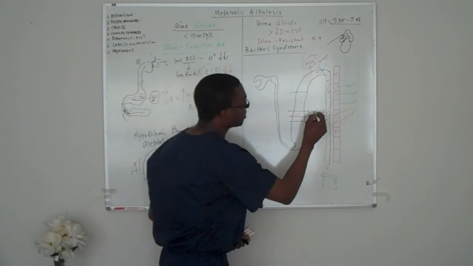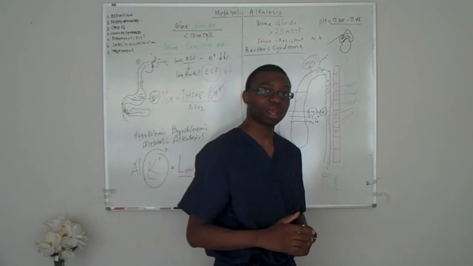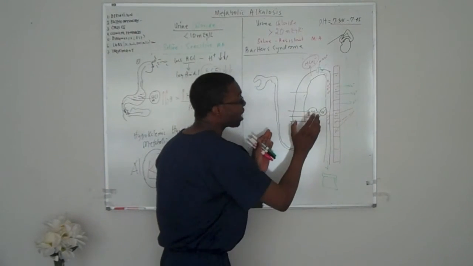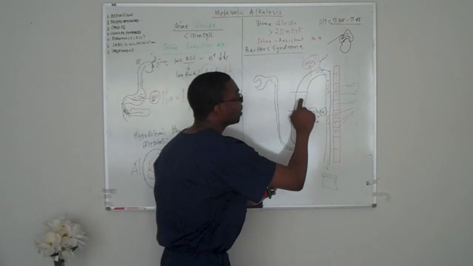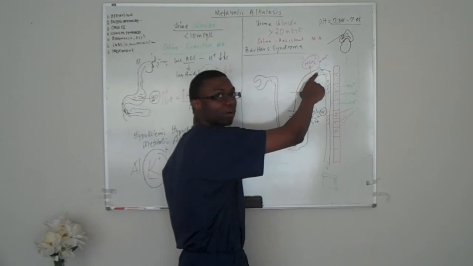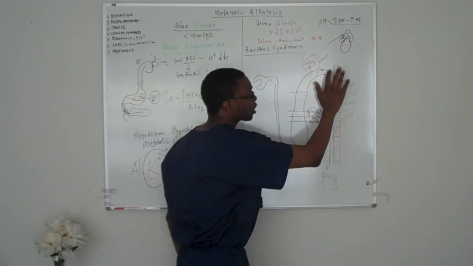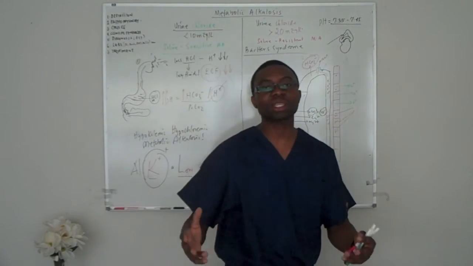So if you can't reabsorb this sodium and this chloride, we've got an issue, right? Don't you think? So they start to lose a lot of what? Sodium and chloride. That means there's not going to be enough sodium chloride reaching the rest of the nephron. You're going to lose a lot of this sodium and chloride, and once you lose that, what do you think is going to happen?